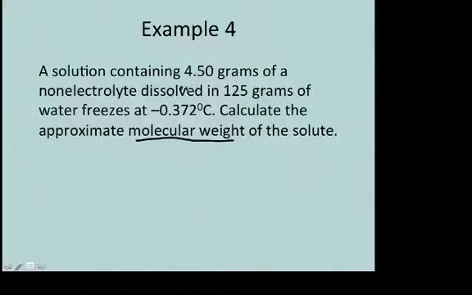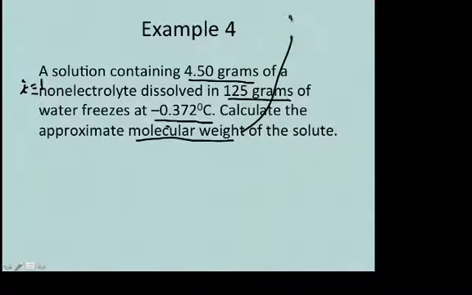So let's say we have a solution that has 4.5 grams of some non-electrolyte, so our Van 't Hoff factor i is equal to 1. And it's dissolved in 125 grams of water, and the water now freezes at negative 0.372 degrees Celsius. So how will we get to the molecular weight of the solute?